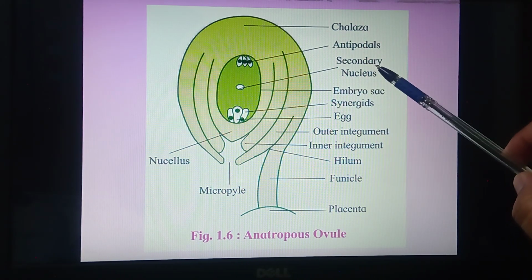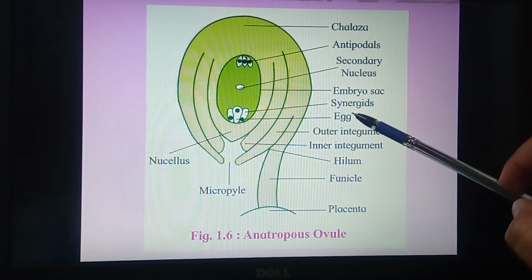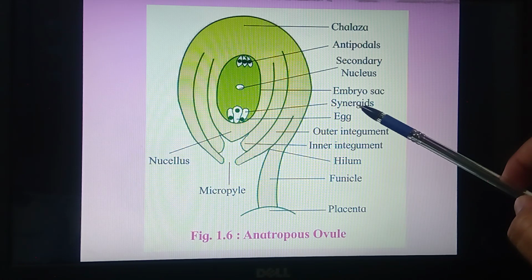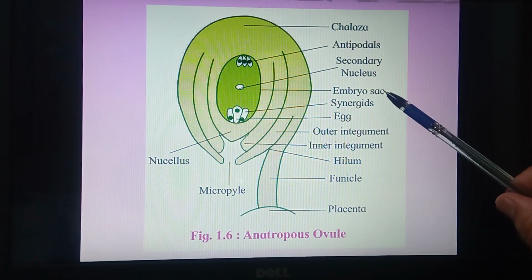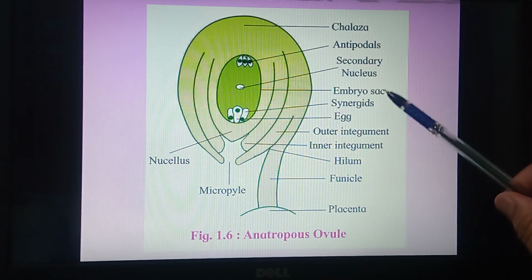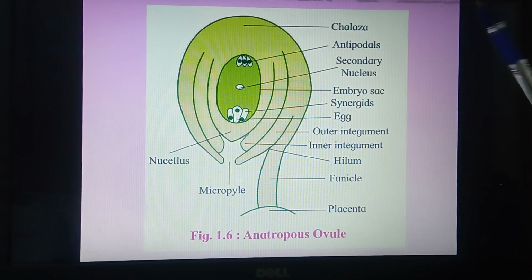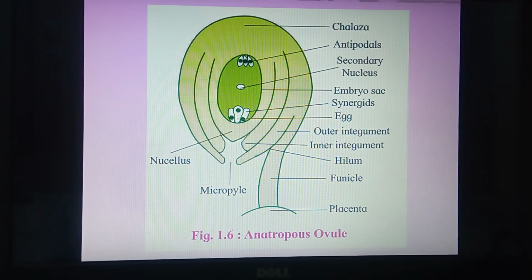So it is diploid in nature, but the antipodal cells and the cells of the egg apparatus, egg and synergids, are haploid in nature. So this is about the structure of the embryo sac, which is a 7-celled and 8-nucleated structure.